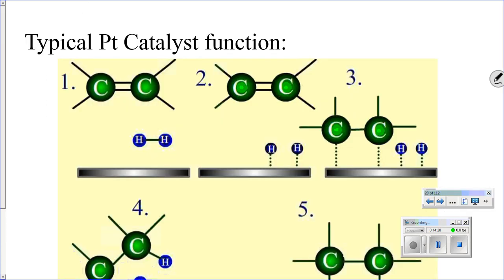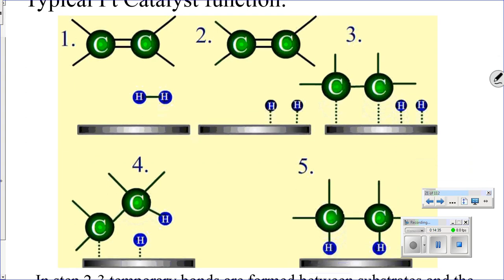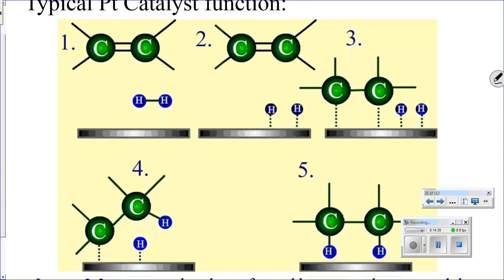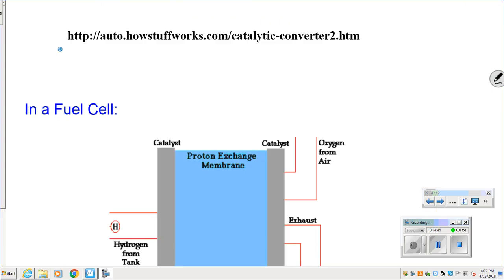So very often it just kind of helps basically hold things in place so that you get the types of collisions that you need. So this is a platinum catalyst functioning to basically break that double bond in that ethene molecule and allow you to make it a saturated hydrocarbon by holding it onto this reaction surface.